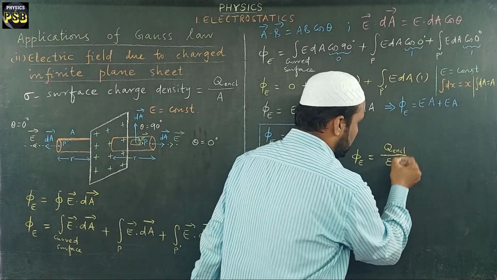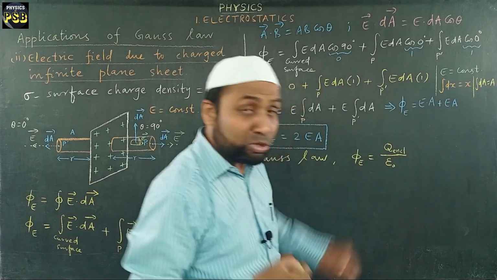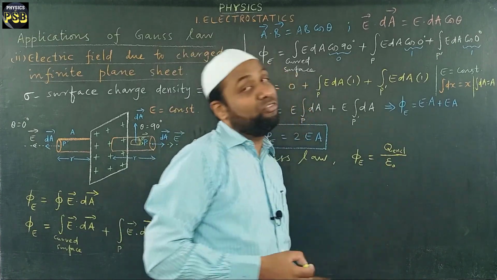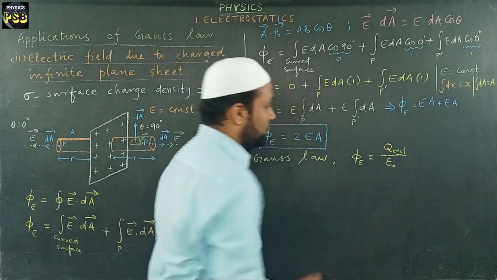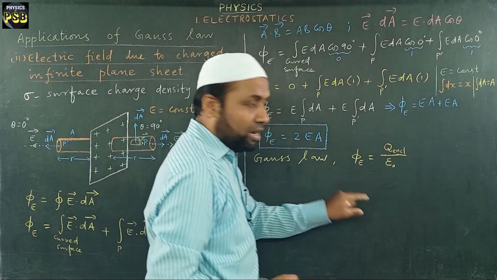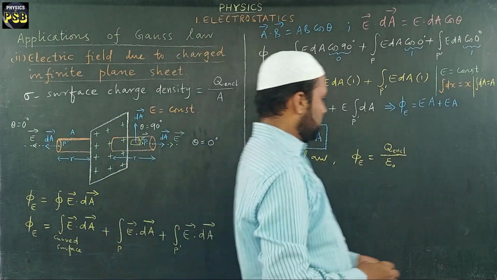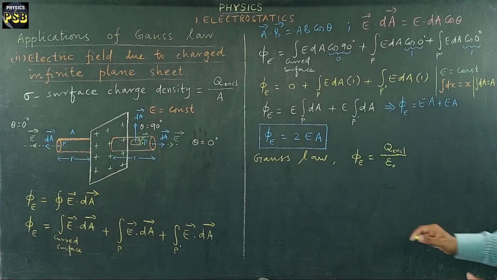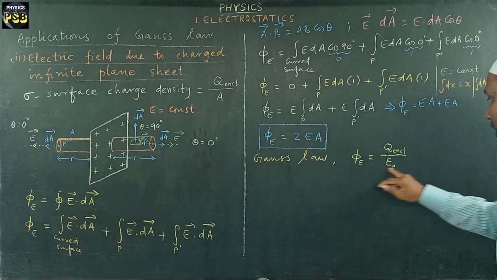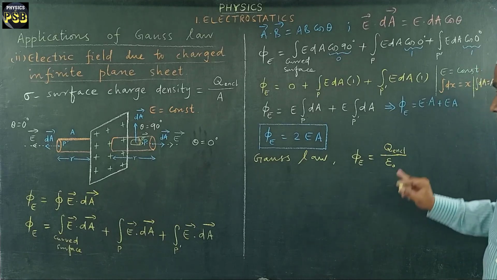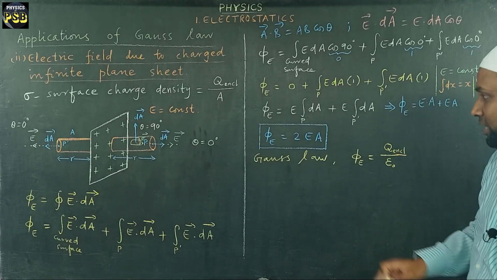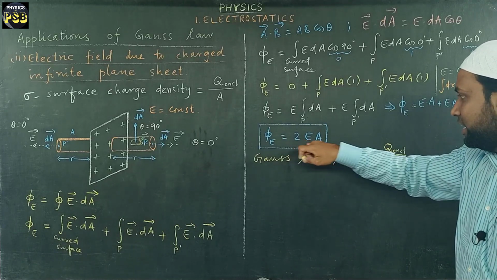So enclosed charge divided by epsilon naught. Epsilon naught is the permittivity of free space, which we learned at the beginning of this chapter. Now in the place of phi E, I can write this value.